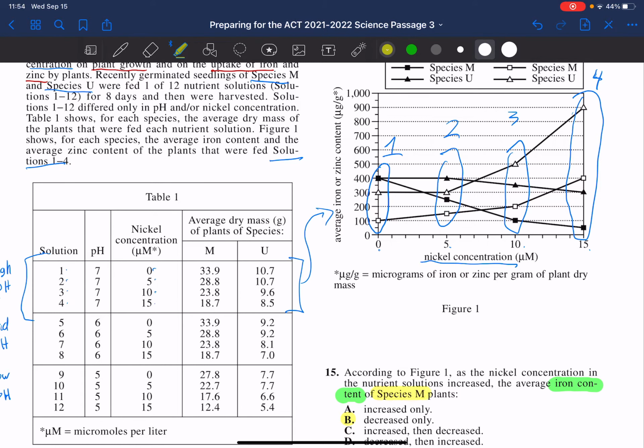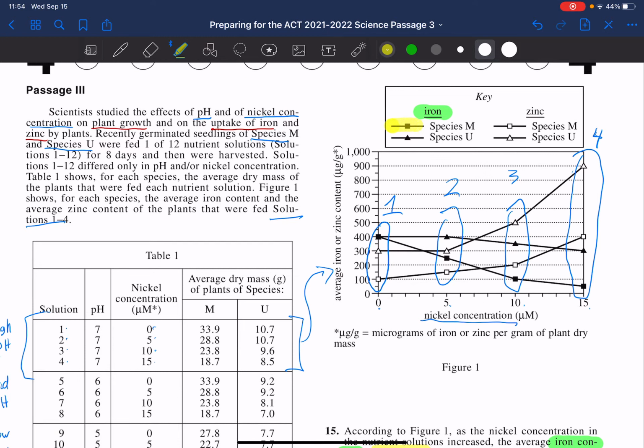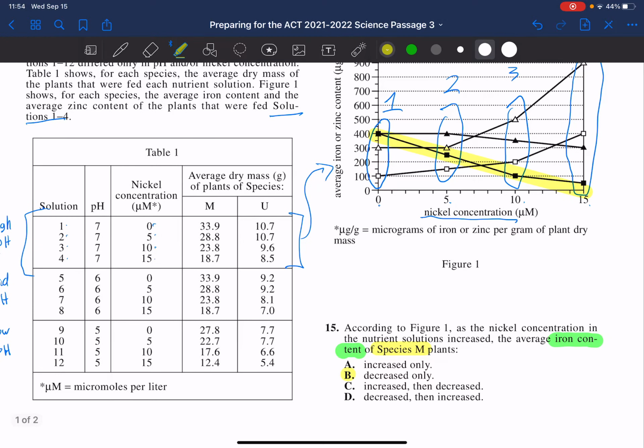Species M plants. So that means we're looking here, at the filled in square. So that is this graph down here. That's what we're focused on. And so what did it do? It just decreased. So that's letter B. So that's what this one is saying.